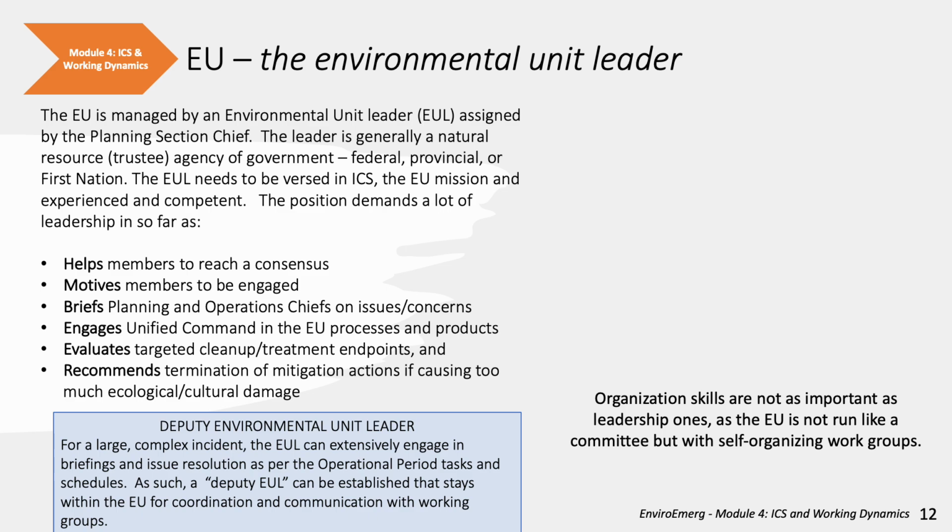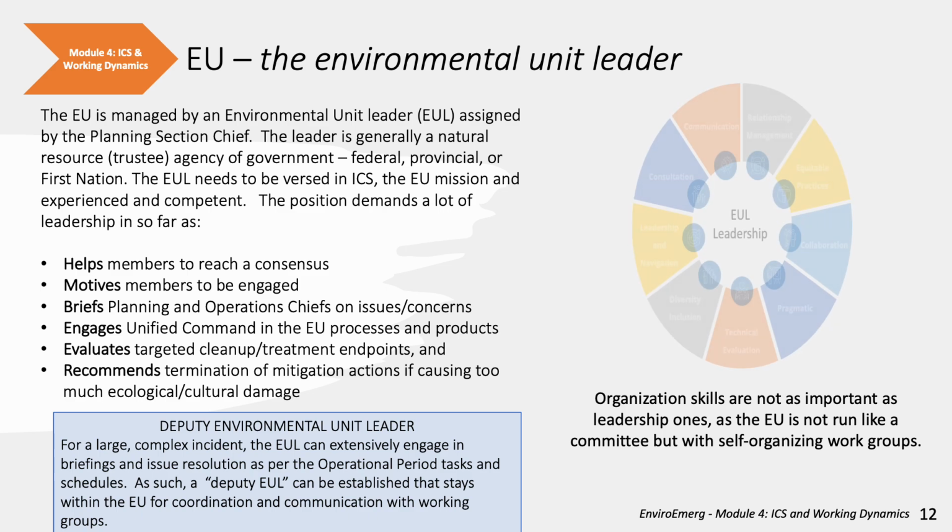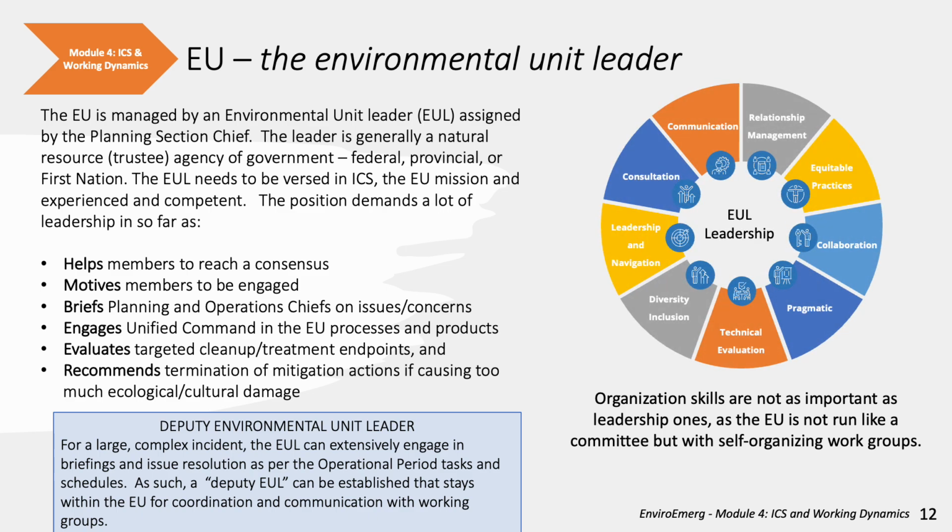The Environmental Unit is managed by an Environmental Unit Leader, known by its acronym EUL, which is assigned by the Planning Section Chief. The leader is generally from a natural resource or trustee agency of government, be it federal, provincial, or First Nations. However, the environmental unit leader needs to be very versed in ICS and the environmental unit mission, and very experienced and competent.